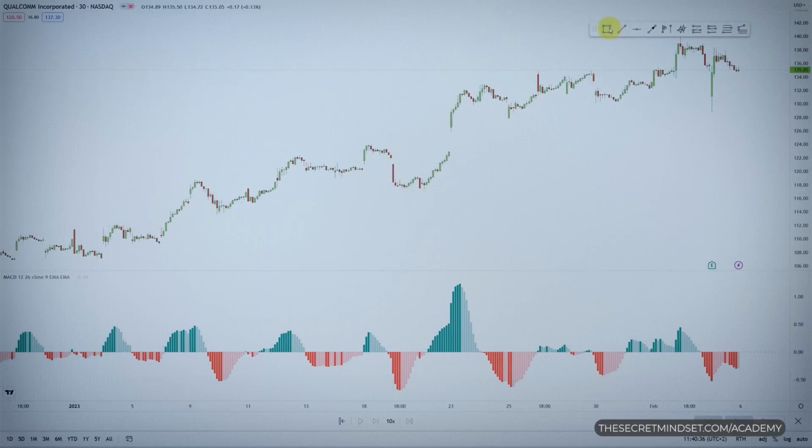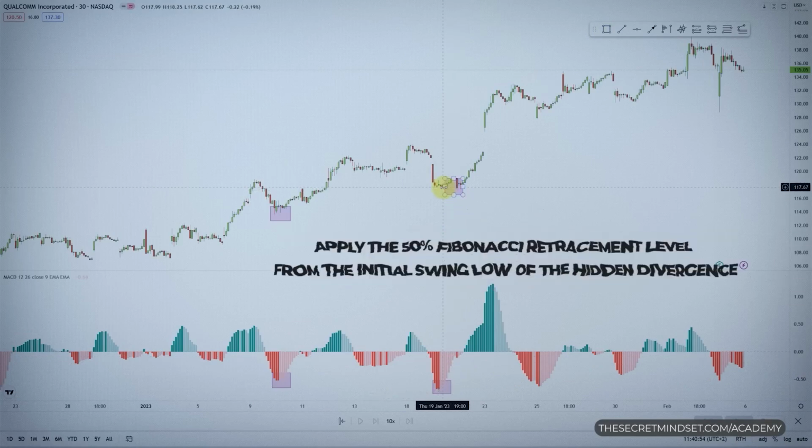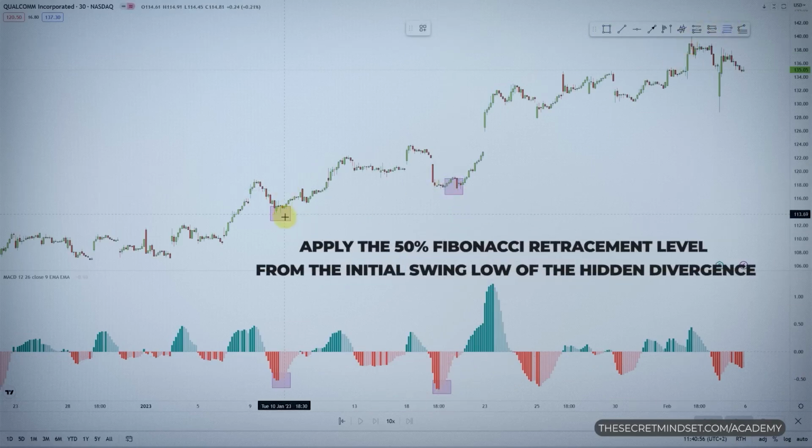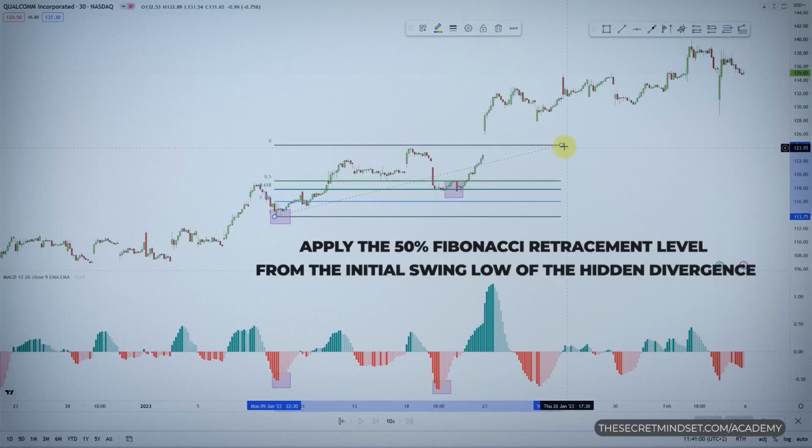So, if you're looking at this chart, you'll notice that there's an uptrend in place. And during uptrends, you compare the lows in the price and the lows in the MACD. Here's the hidden bullish divergence you're looking for. Then you apply the Fibonacci retracement levels to see if there's any potential for a pullback.